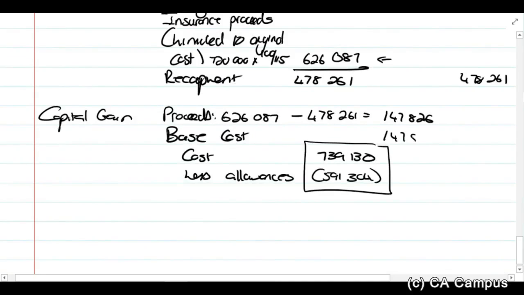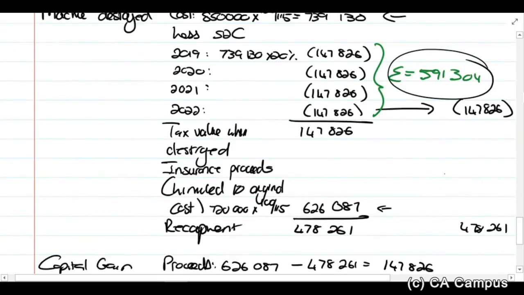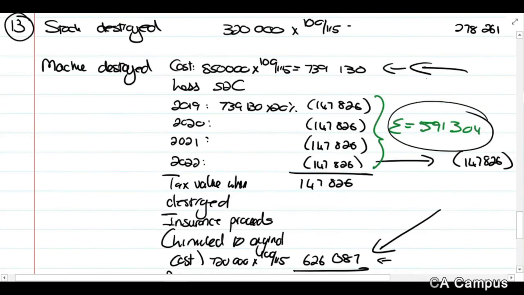And that gives us 147,826. So there is no capital gain. We also know not to expect a capital gain because the amount that we receive upon disposal, 626,087, does not exceed the original cost.